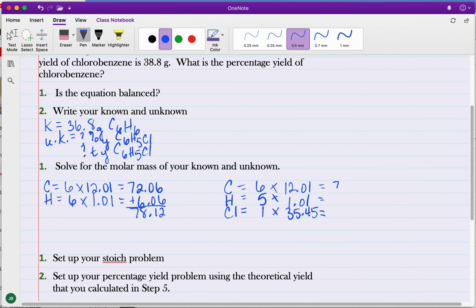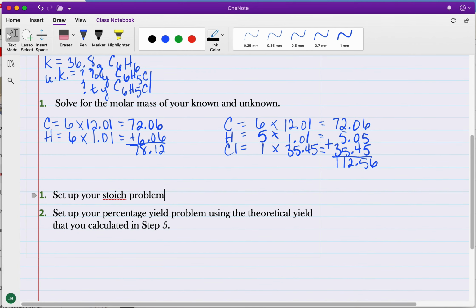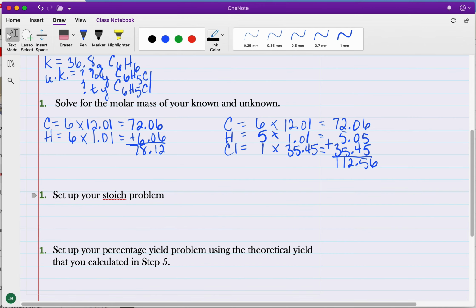All right, so the total amount of carbon is 72.06, the total amount of hydrogen, 5.05, and the total amount of chlorine is 35.45. All right, I'm going to add that up, and we get 112.56. All right, now let's go ahead and set up our stoich problem.